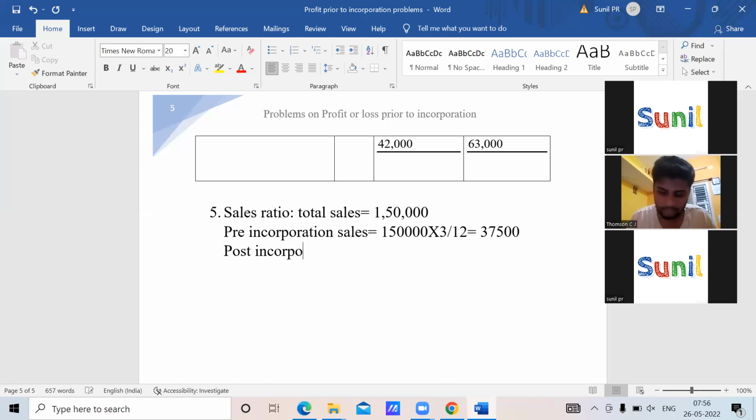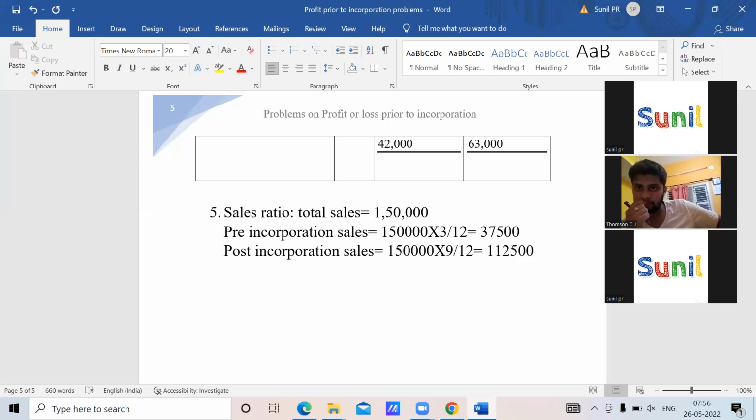Are we doing correctly? 1,50,000 into 9 by 12, correct? Yes. So it should be 1 lakh 12,500.